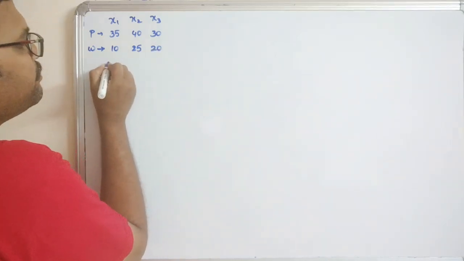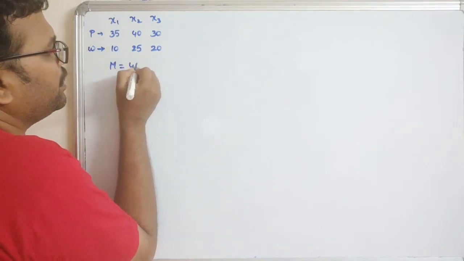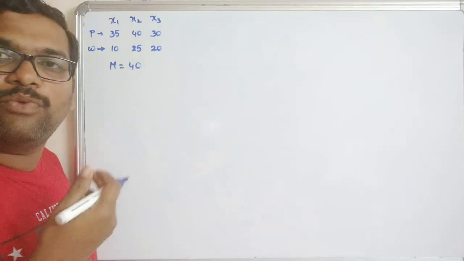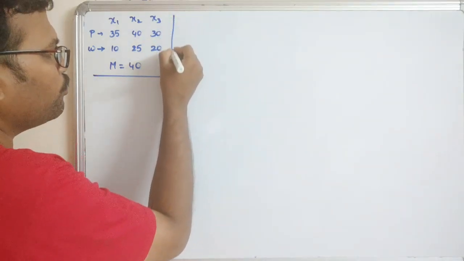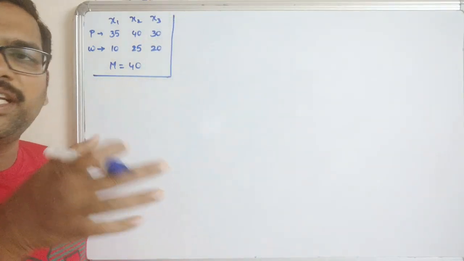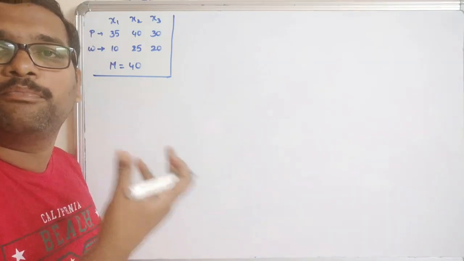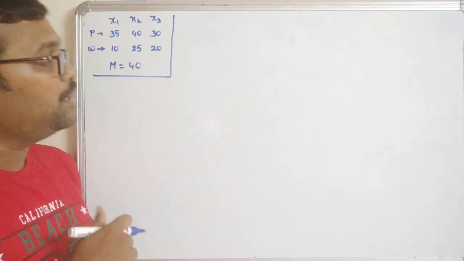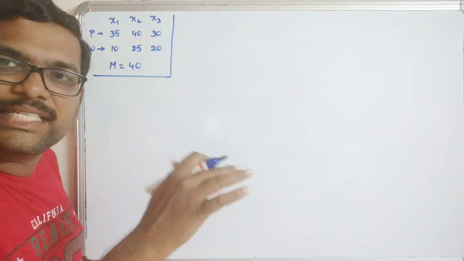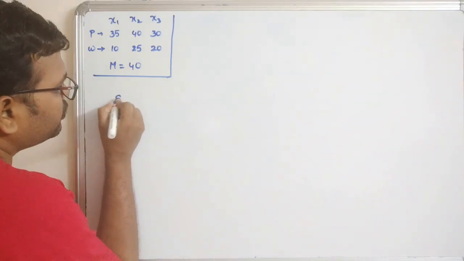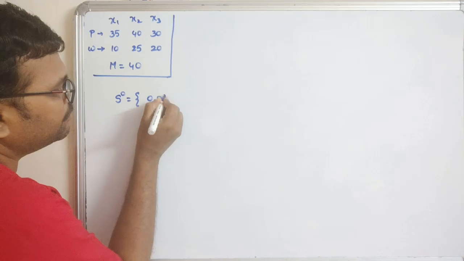And the maximum sack weight is 40. Now we need to find which object should be inserted into a sack so that we will get the maximum profit. Okay, now let us assume the sack is empty. So S of 0 will be 0, 0.